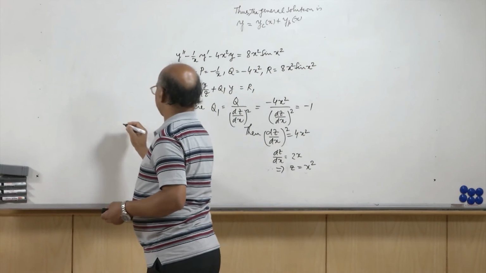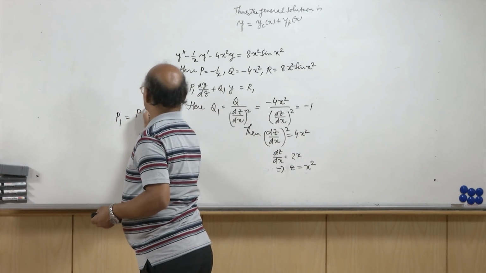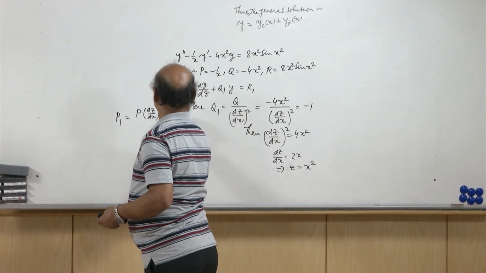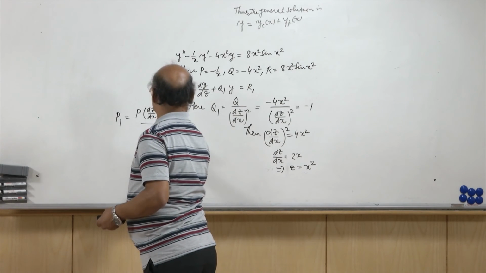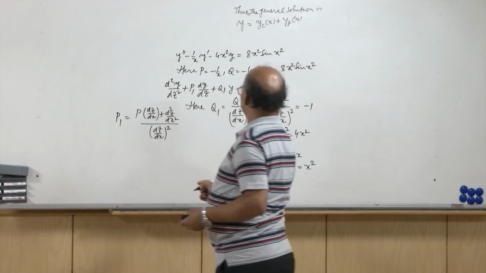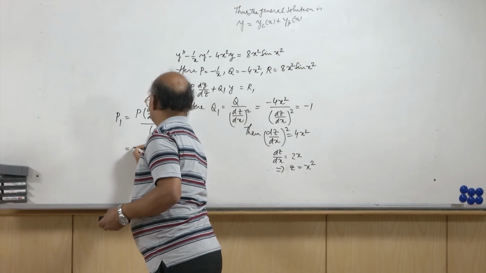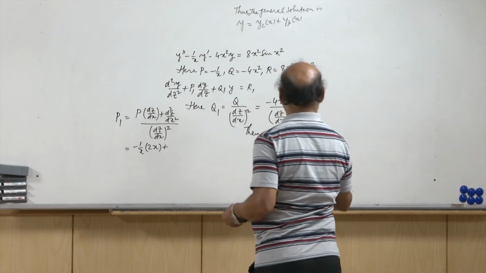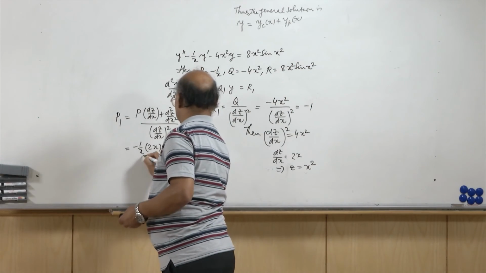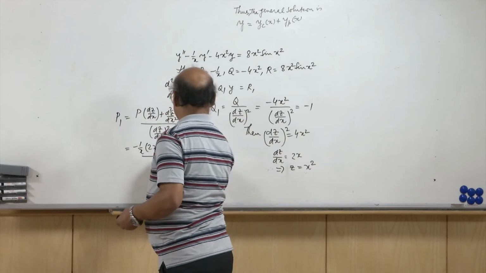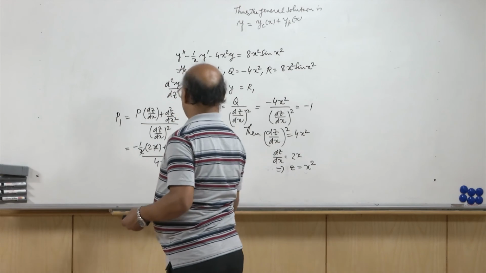Let us find the value of P1. So, dz by dx is 2x, p here is minus 1 over x, and d square z by dx square is 2. dz by dx whole square is 4x square. So, again this cancels with this, minus 2 plus 2 is 0.